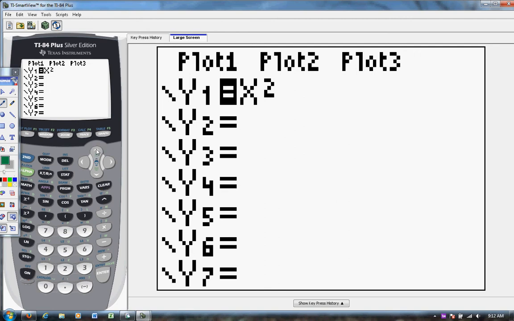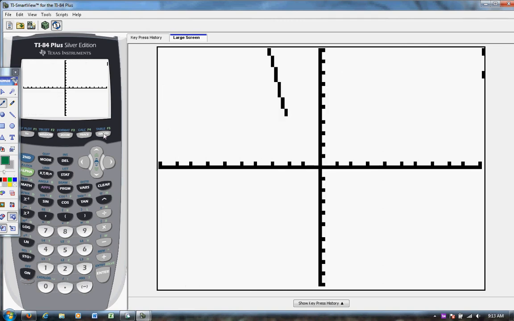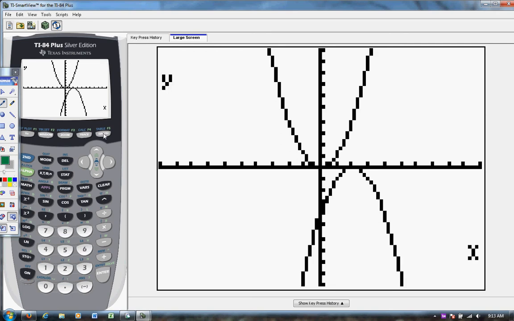Let's say that I had a negative and then x minus 2 in parentheses squared. Now, if you see this one, the negative is outside, so you're thinking it's flipped down, all right? And it's also been moved to the right 2 units. Let's see if that's correct. There's my parent function, and there is my transformed function. Okay, it's moved to the right and flipped down.